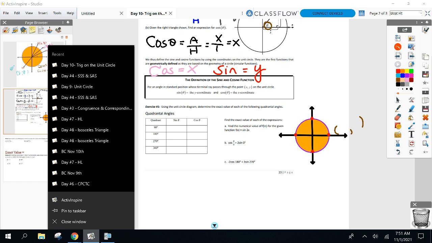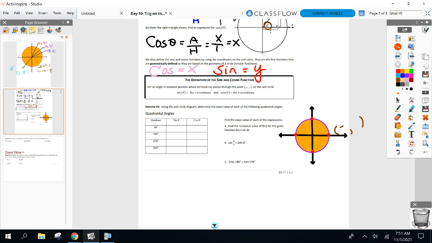I never want to use 2, Sarah, because how long is each of these here? If I'm on the unit circle, they're only 1. So I'm only using 0s and 1s here. So if I go out to this point on the x-axis, this is 1, 0. Okay, 1 on the x, 0 on the y. Good? Keep going around here with me.